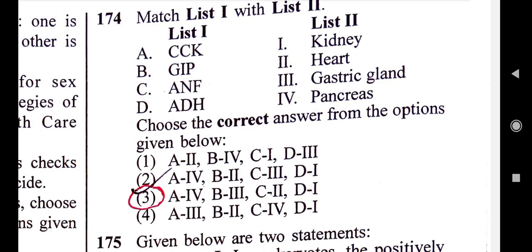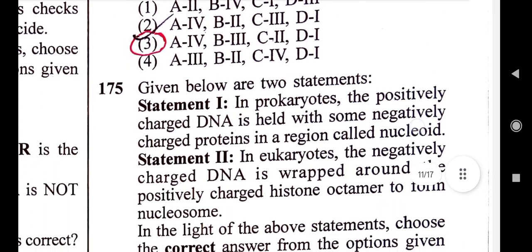Okay, dear students, B is matching with 3, gastric gland. GIP is gastric gland. C, ANF is matching with 2, heart. Option D, ADH is 1, kidney. Okay, dear students, option 3 is the correct answer.